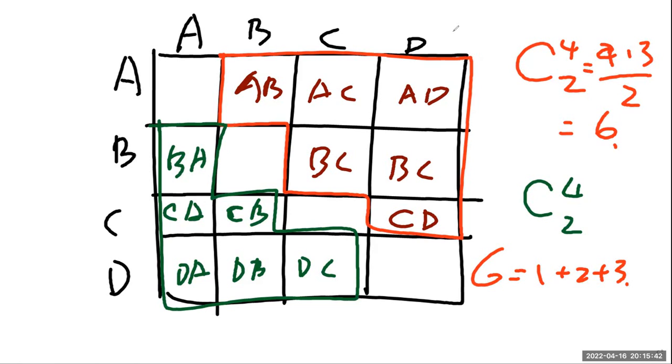The green one and the red one both will work, but you just need to traverse one of them. How about Henry? Are you okay? This one is very, very important.